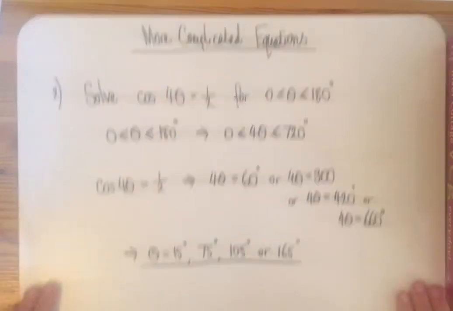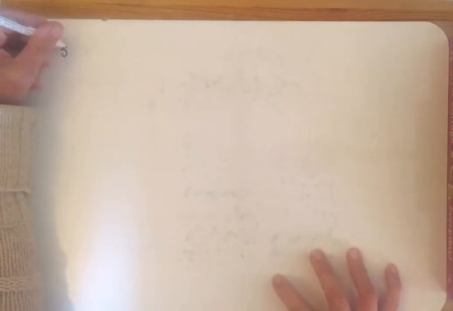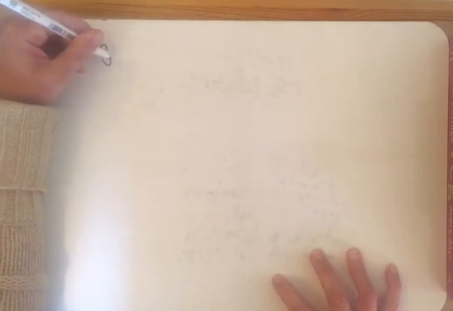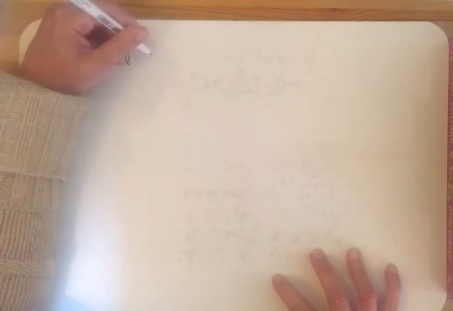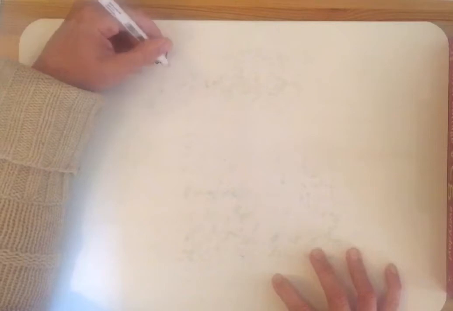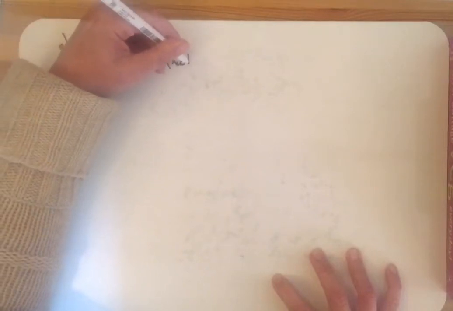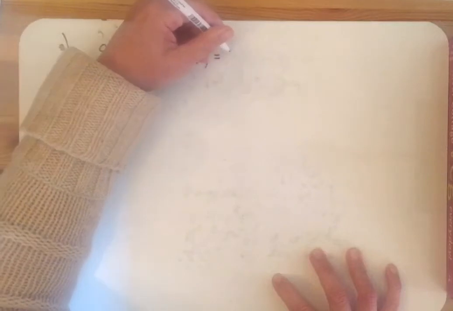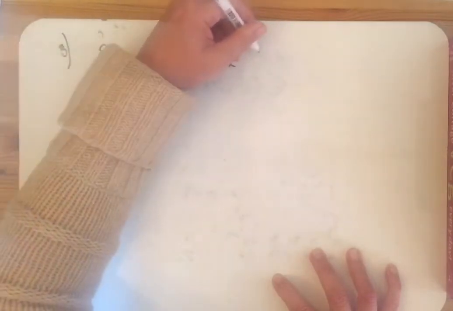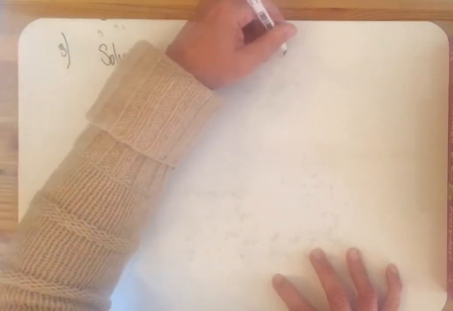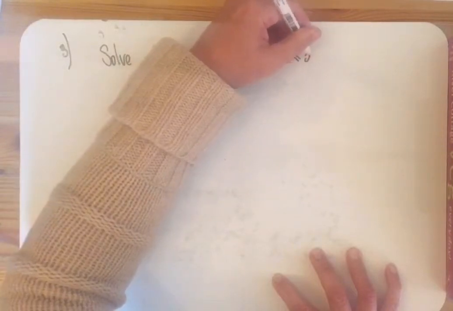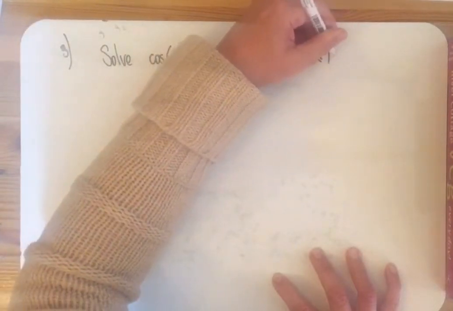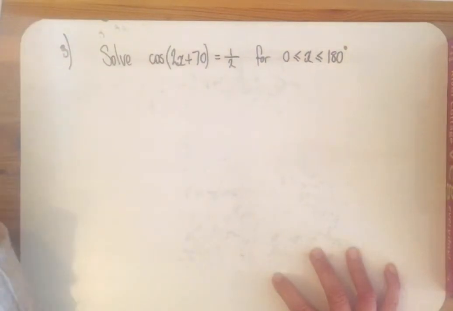I'll do one more. I'm not sure I'm going to set you any questions on this one. I don't think there's any in the book, you'd be pleased to know. But so solve cos of 2x plus 70 equals a half for 0 less than or equal to x less than or equal to 180.